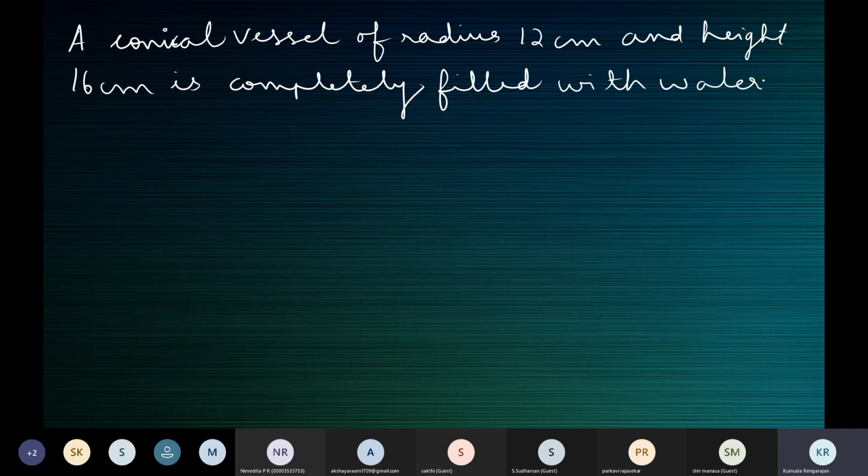I need to clear the question, so please write the question along with me. A conical vessel of radius 12 centimeters and height 16 centimeters is completely filled with water.